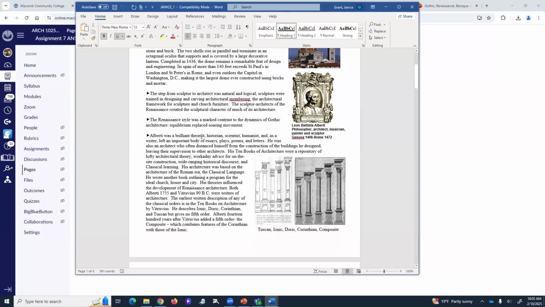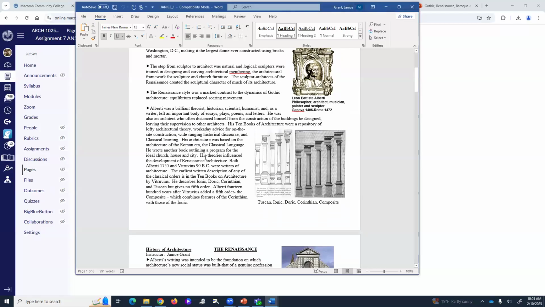I talked a little bit about Alberti and him being kind of, well, he's coined as being an architect, but he did do a lot. I mean, one of his many things: painter, sculptor, musician, but he is well known for his writings as well.